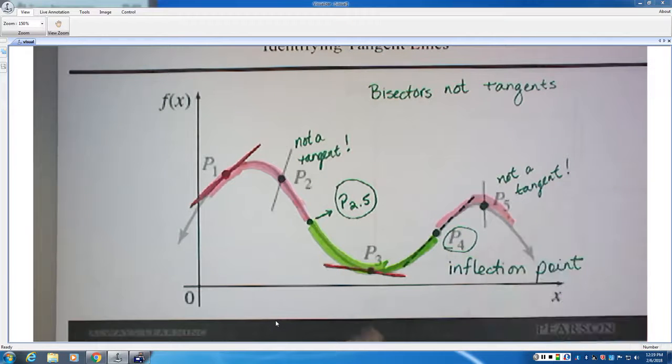Now it probably does some more interesting stuff before you get to P1 and after you pass P4. We don't know what that interesting stuff is because we can't see it. But the reason that P4, and actually P2.5 also, are special cases is because they are inflection points. Okay?